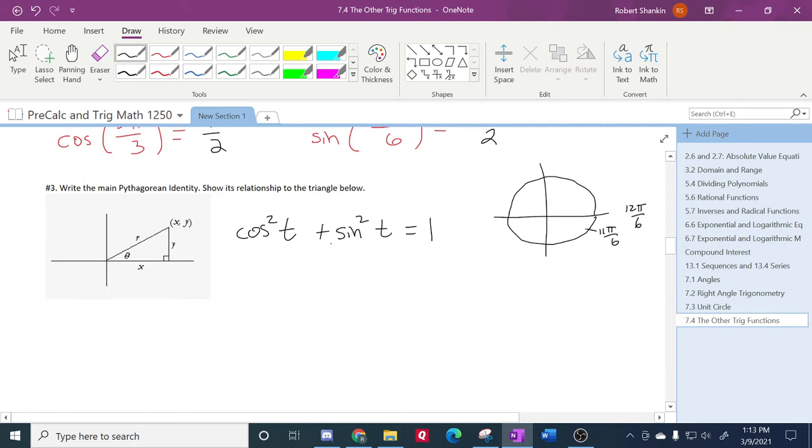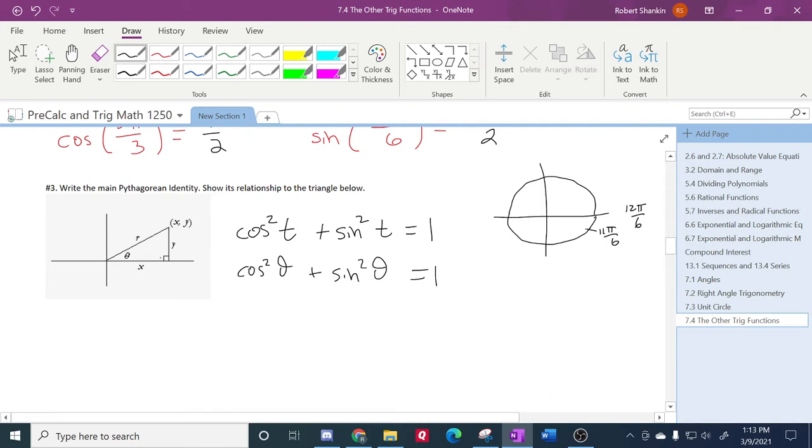Okay? And then, now that we have the main Pythagorean identity, show its relationship to this triangle over here. I did something like that, and let me start you with that. If this was theta, it can be anything you want as long as these two agree.